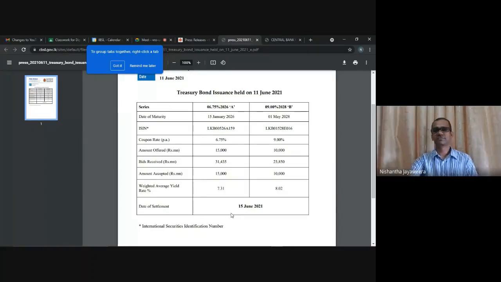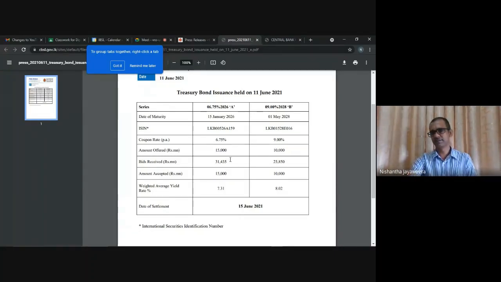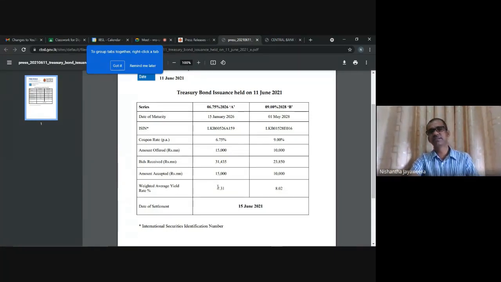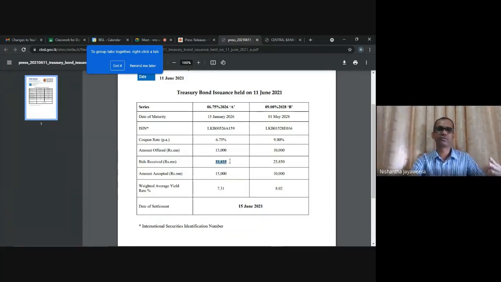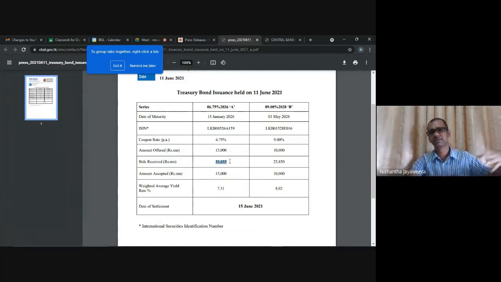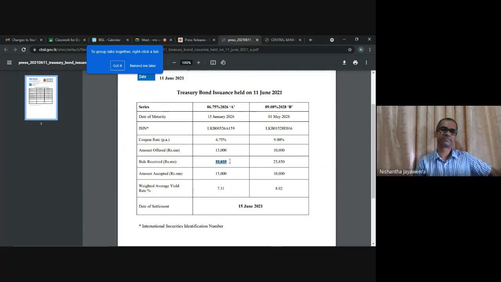The only thing is, even though bids were received here, we know only the weighted average. Say when the weighted average becomes 7.31, the maximum yield they accepted may be 7.4, but there may be bids at rates higher than that, 7.5, 7.6, somewhere higher than the maximum accepted rate. We don't know.